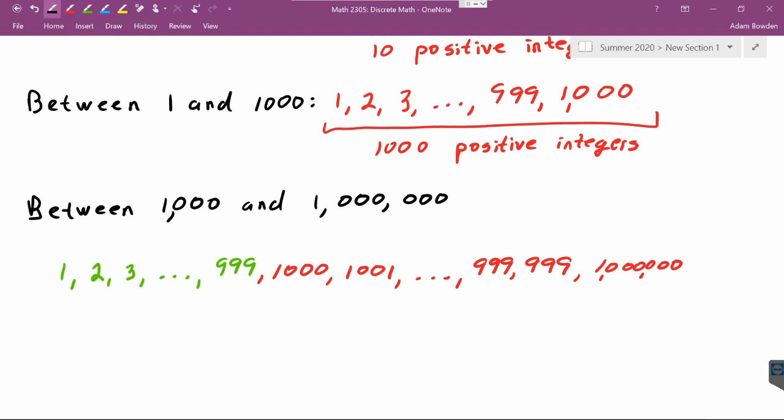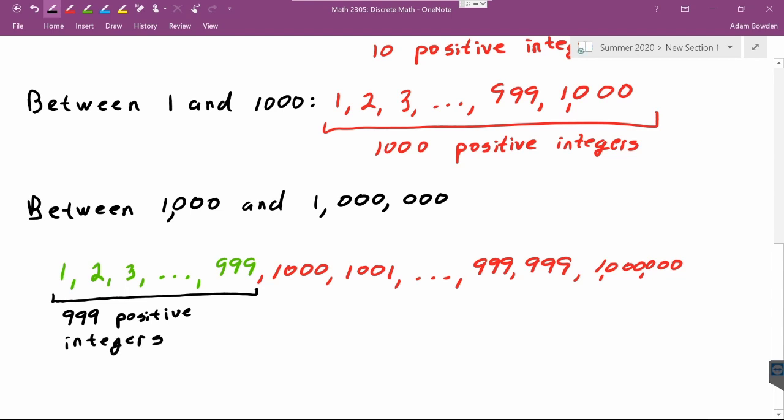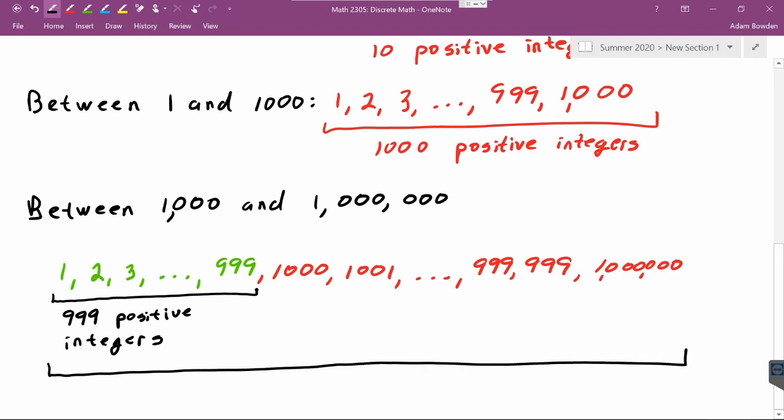And so with the same reasoning that we were looking at up above, the positive integers between 1 and 999 would be 999. And the number of positive integers from 1 all the way up to 1,000,000 would be a total of 1,000,000.